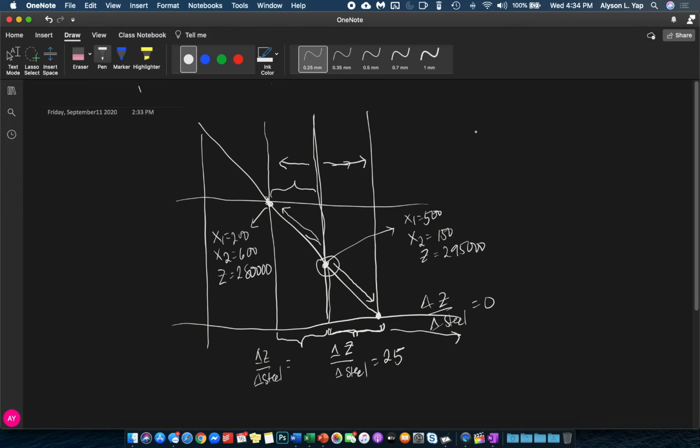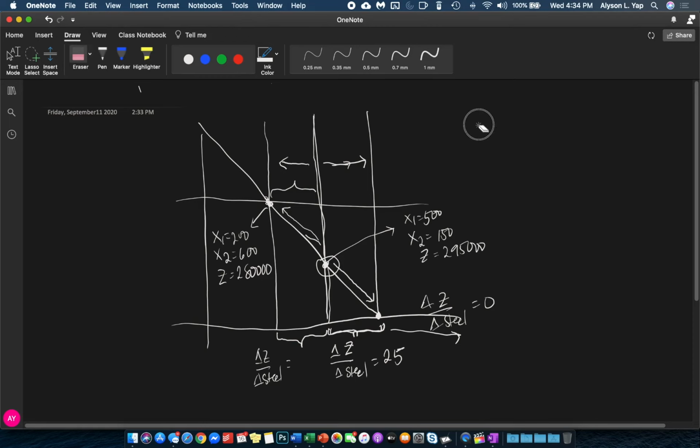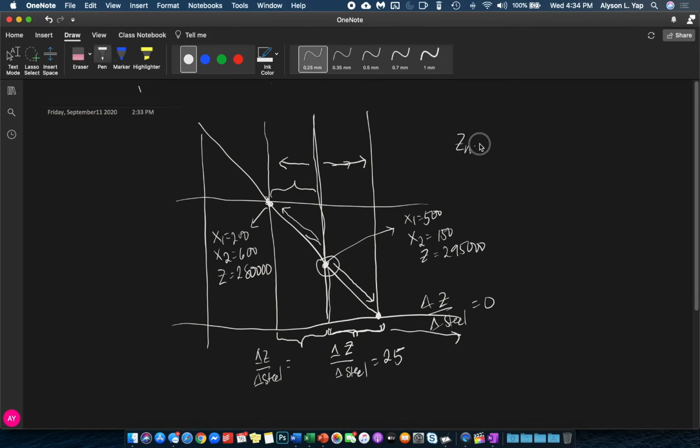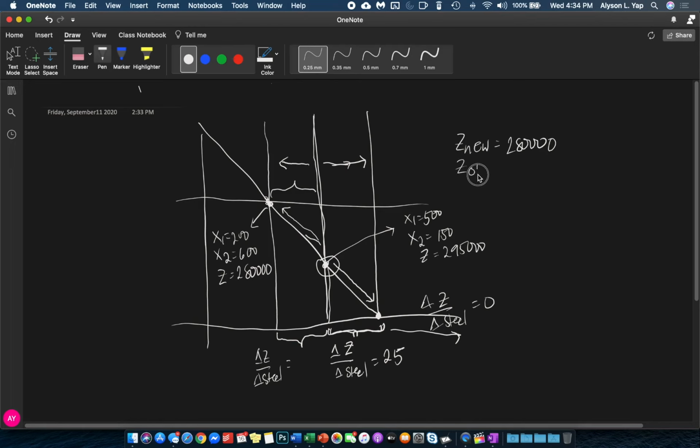So your new Z equals 280,000. Your old Z is 295,000, if you get the change in Z, you get a change in Z of negative 15,000.